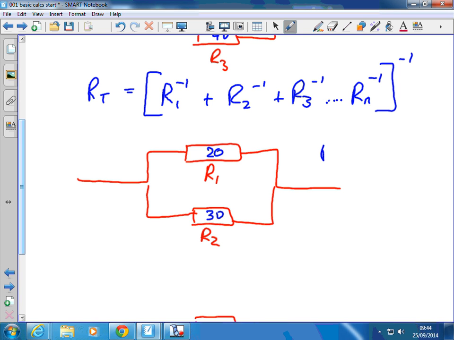It's called product over sum. Yeah. So RT in this case is equal to the product. What do we mean when we say the product of 2 numbers?